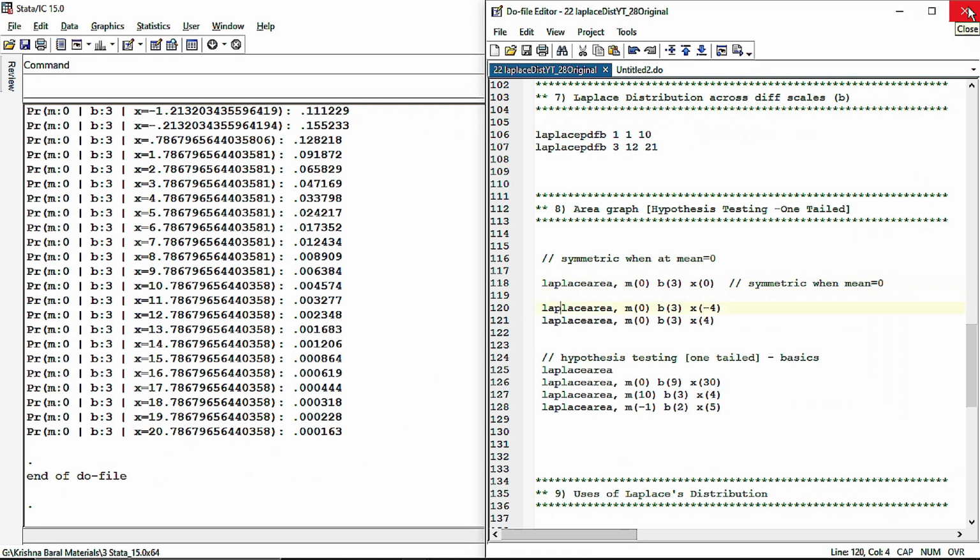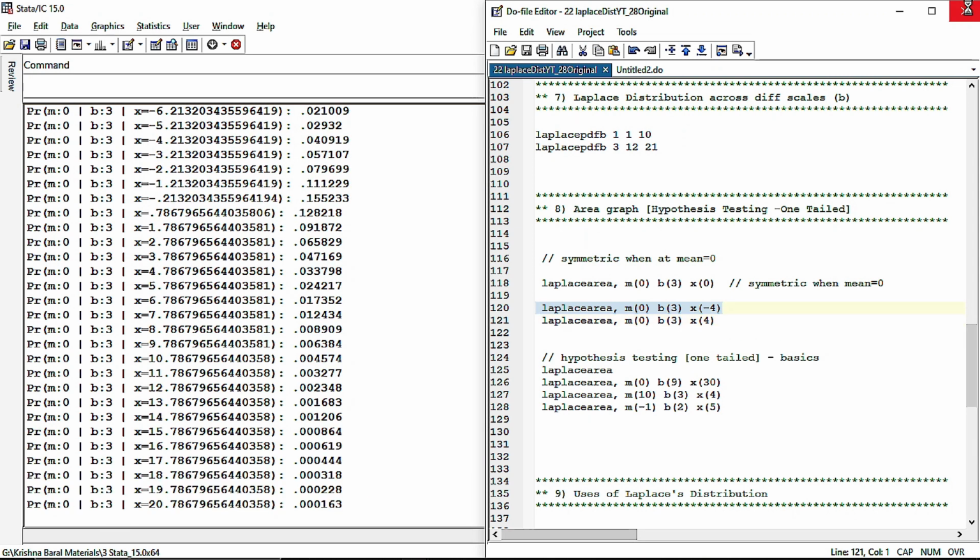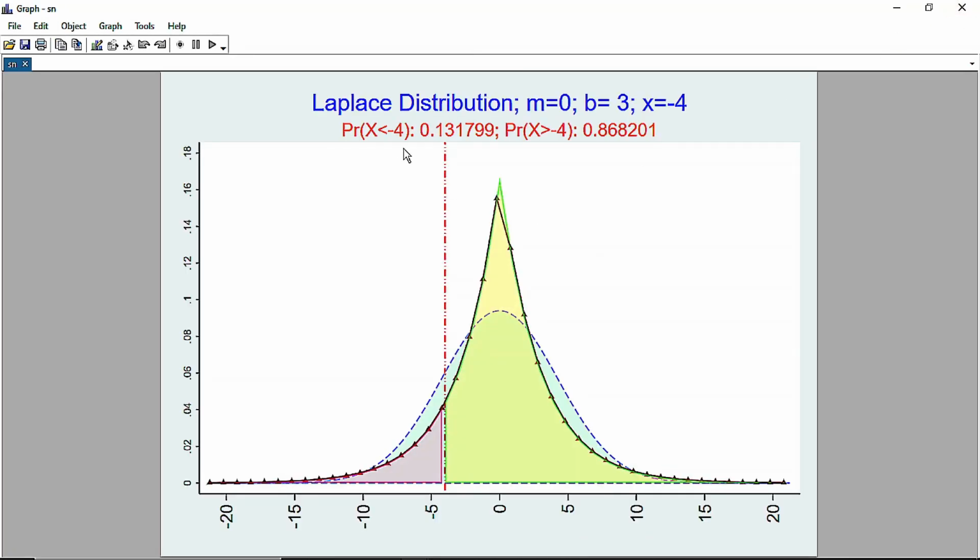For the same m equals 0 and b equals 3, let us calculate for x to be minus 4, and as another example, x to be 4, and let us see whether they are symmetric or not. First, x equals minus 4, and let us see what the area is. For x less than minus 4, we have 13% of the area, and x greater than minus 4, it is 86% of the area.